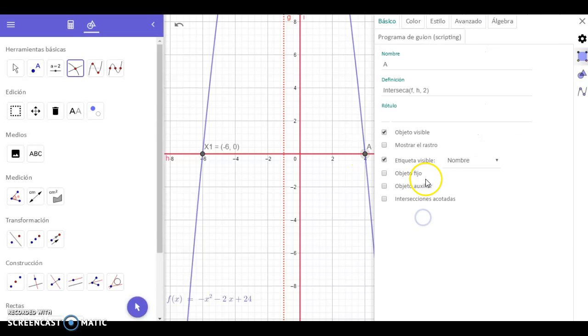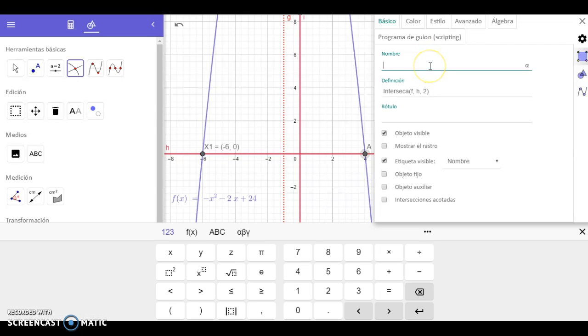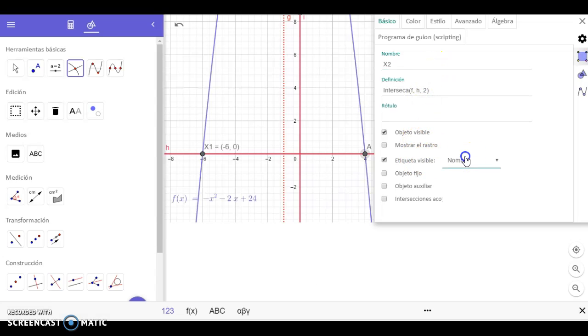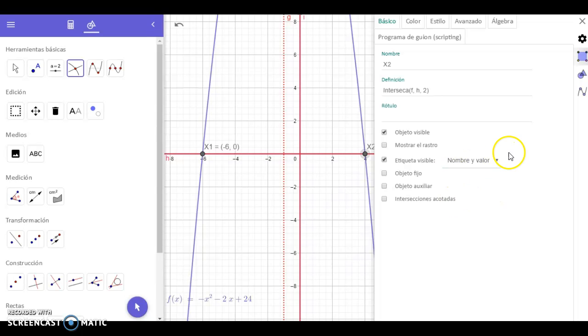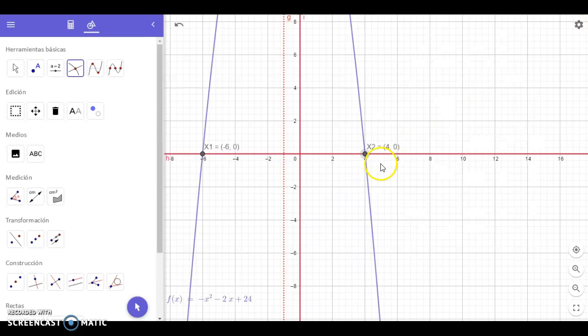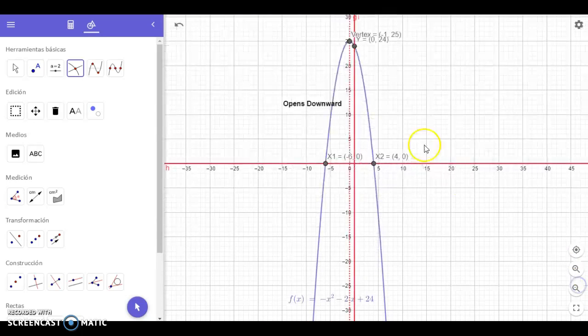Configuration, name, since it's the second value, we're gonna have x2. And same visible etiquette, name and value. All right, there we go. And you can see it's (4, 0) and (-6, 0). So we basically have almost done the points that we were required in our graph.